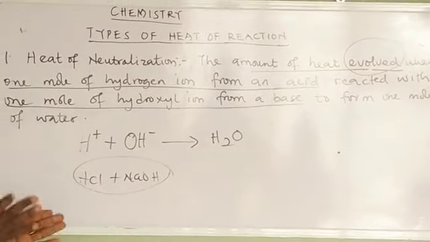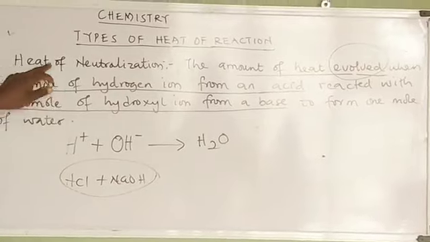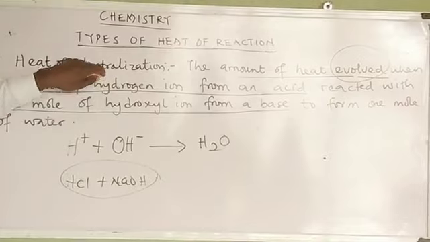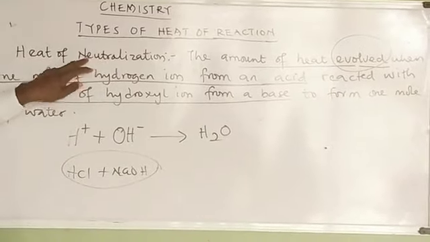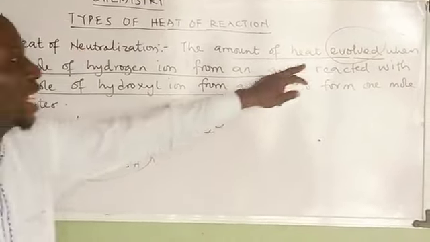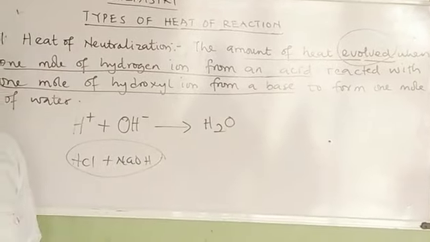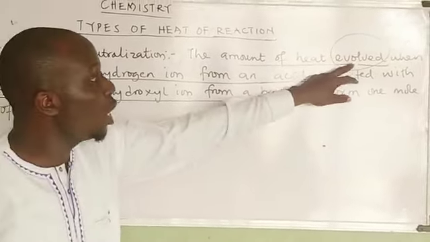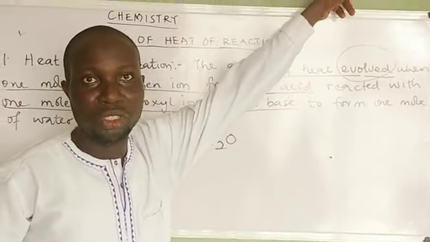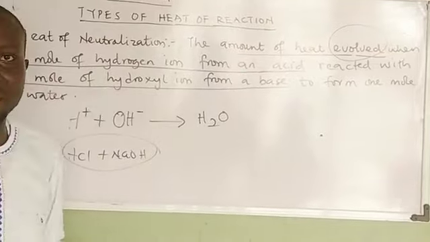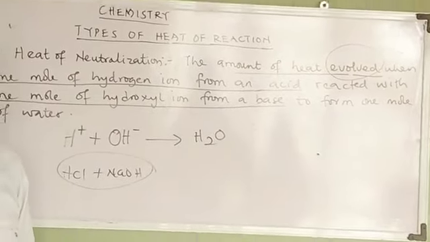What that implies is that a neutralization reaction occurs by losing heat to the surrounding. That is why neutralization reaction is an exothermic process. And since we know it is an exothermic process, we are going to use evolved when given the definition of heat of neutralization. Are you getting it now?